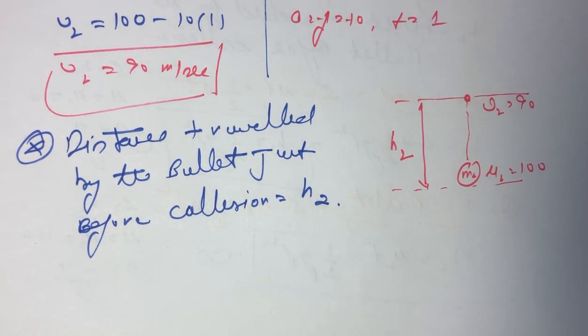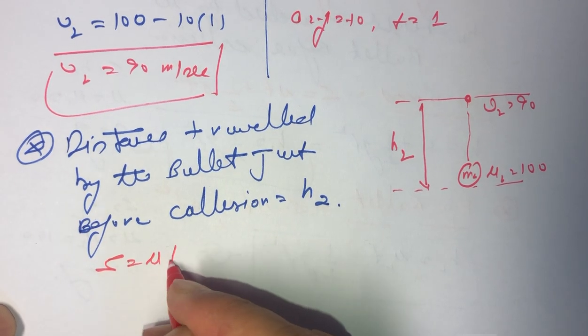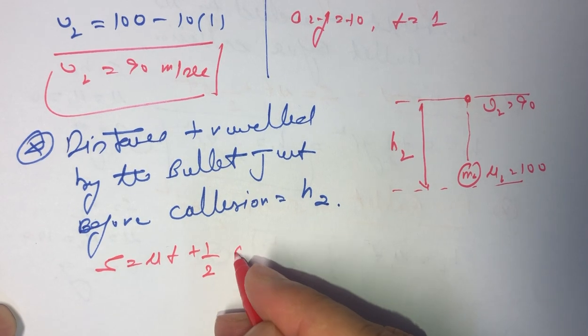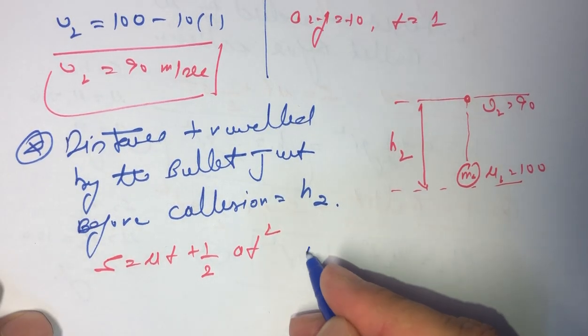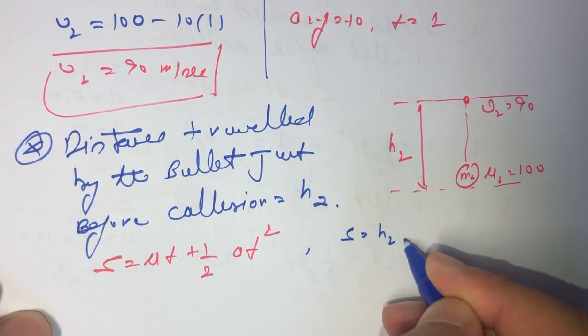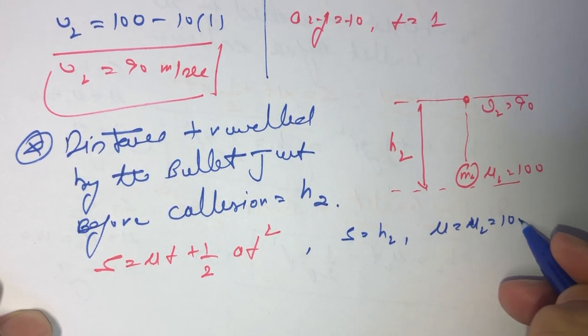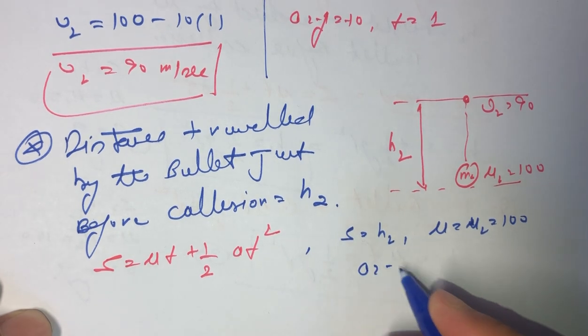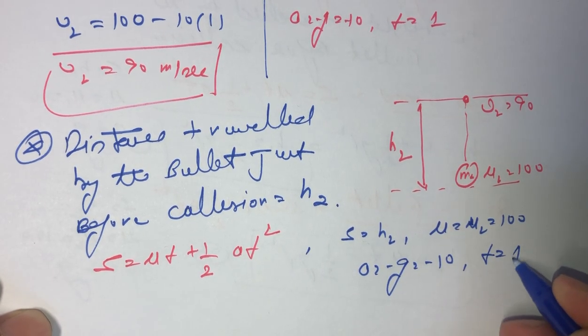So we can use the formula S equal to ut plus half at square, and we know that S is equal to S2, U is equal to U2, which is given as 100, A is equal to minus of G, which is equal to minus of 10, and T is equal to 1 second.